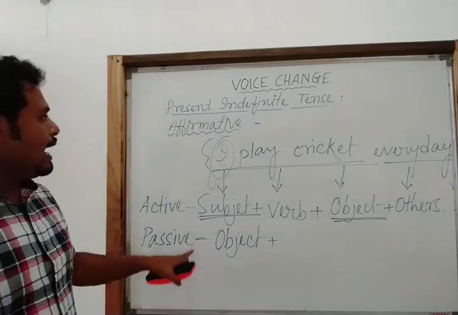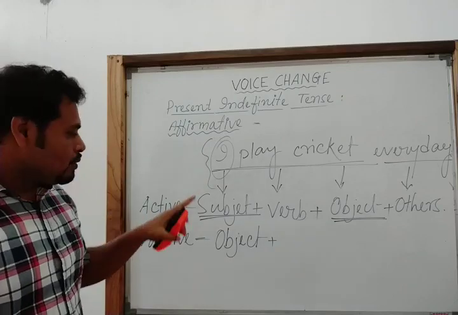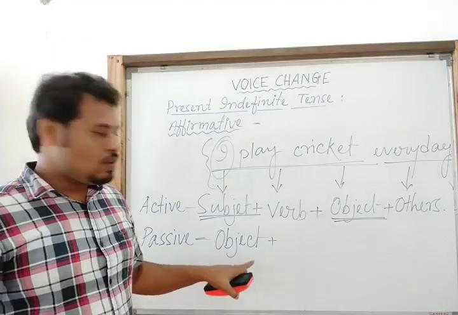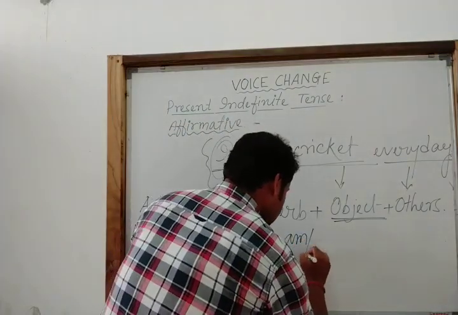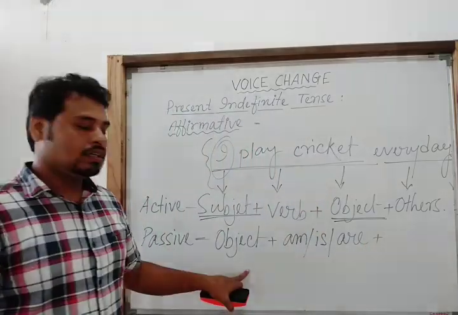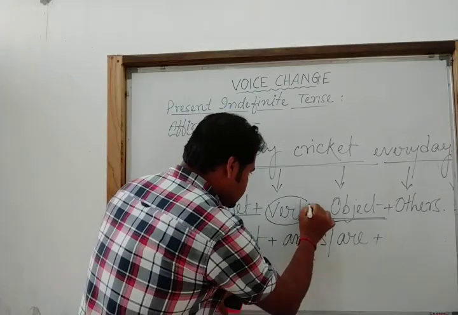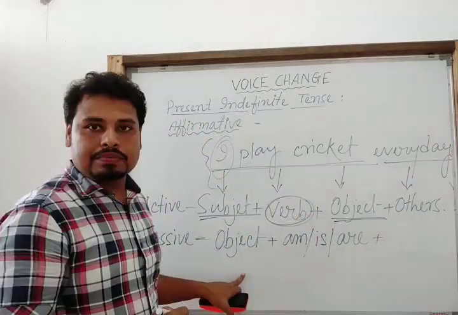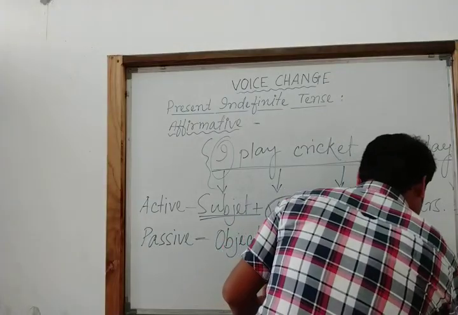Then, as it is present indefinite tense affirmative, we have to use be verbs. What are the be verbs? All of us know: am, is, are. Then we have to use the third form of the verb. So we can write it as third verb.